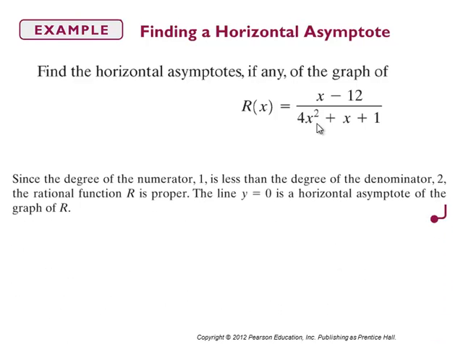So we could tell from that discussion from the previous slide that the x-axis is going to be the horizontal asymptote for the graph of this function here, because it's a proper rational function.